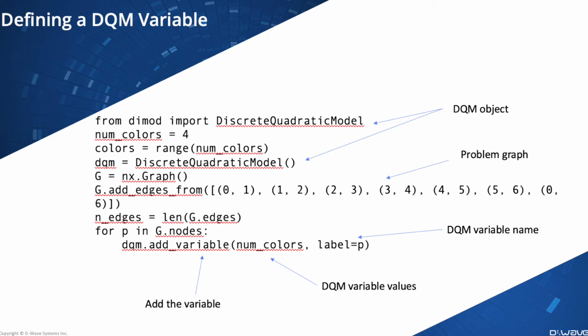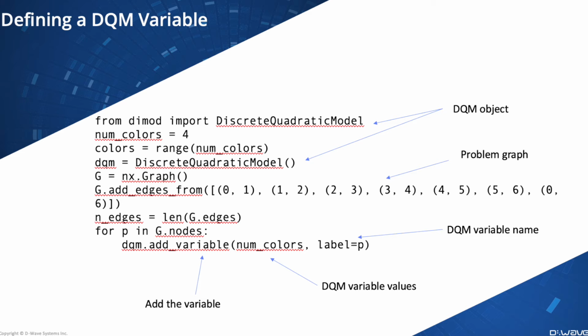And so here are the things that we need to do to define a DQM variable, all in this block of code here. The first couple of lines first import the Discrete Quadratic Model class, and then we define our colors, that there's going to be 4, and the range will be of use later.